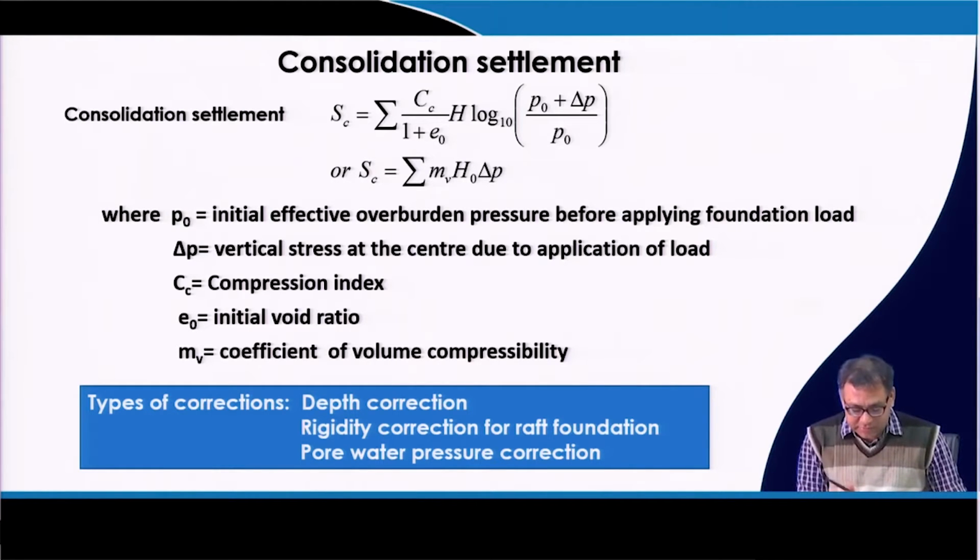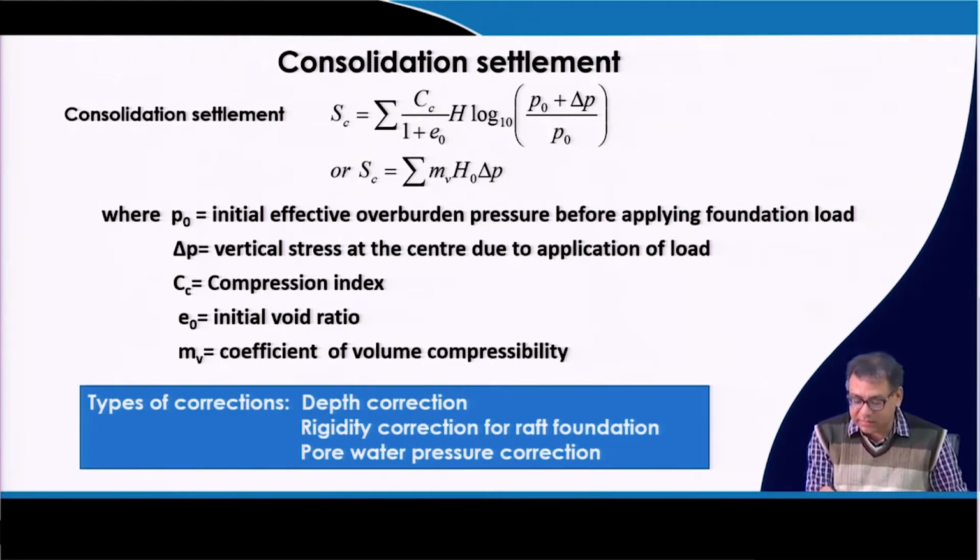Cc is the compression index and e0 is the initial void ratio. You know how to calculate the compression index: if you have the e-log p curve, then the slope of the straight portion will give you the Cc. These are soil mechanics parts, so you should know these things. Cc you will get from the odometer test, so from this test you get the Cc value and e0 value.